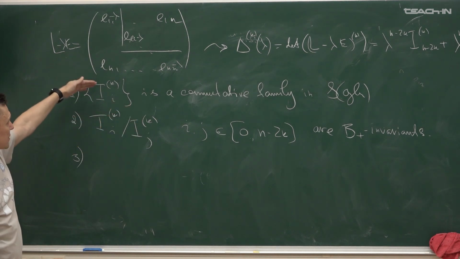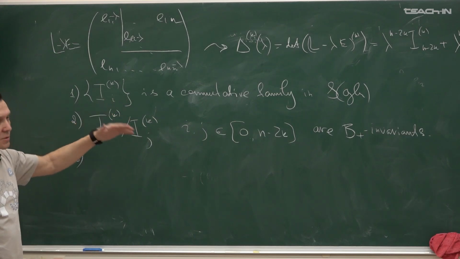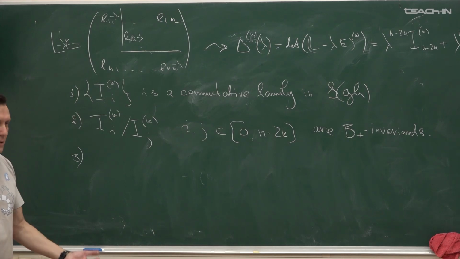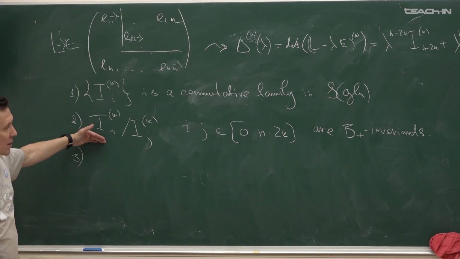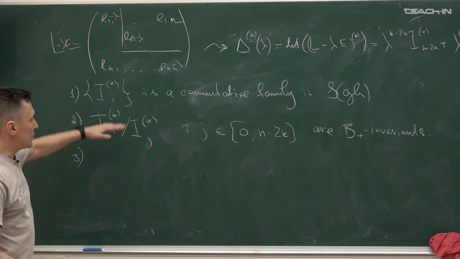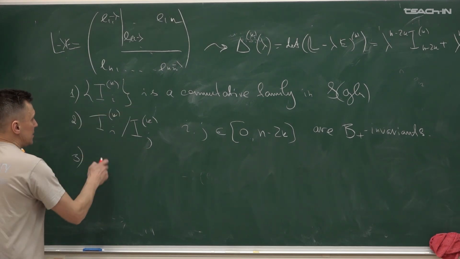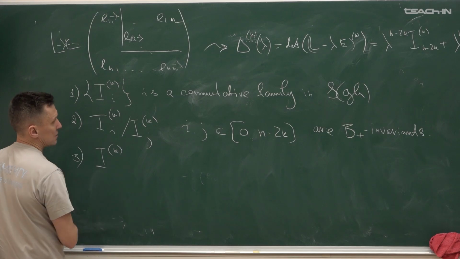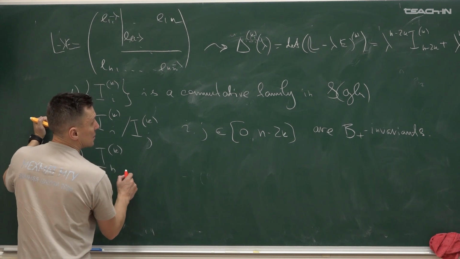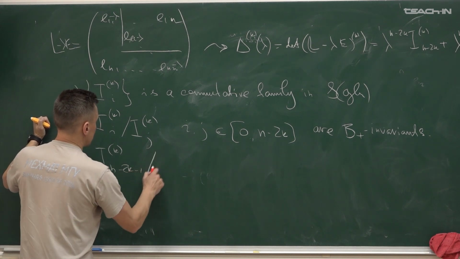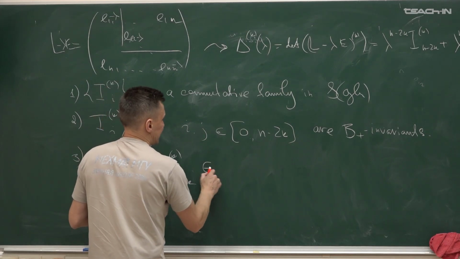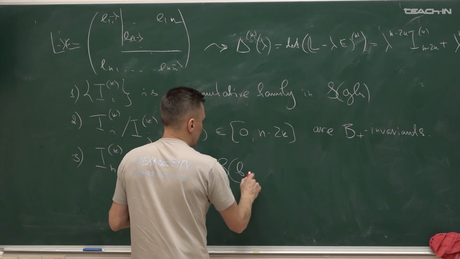So we can restrict these functions to the Borel part. And the Adler-Kostant-Symes scheme says that the restrictions of these functions to the symmetric matrices will be in involution. But before this restriction, we can see that E_K^{n-2k-1} divided by E_K^{n-2k} are elements of S of B plus.